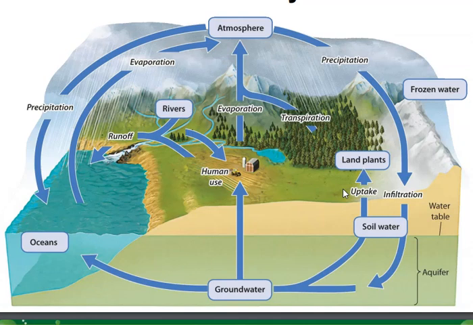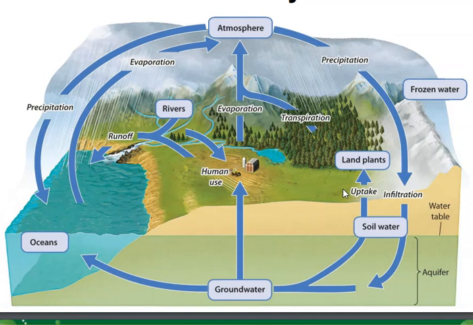Okay, precipitation. That's the fancy word for rain. So water returns from the atmosphere to Earth's surface as precipitation in the form of rain or snow. It occurs when water vapor undergoes condensation, and condensation is a change in state from a gas to a liquid.